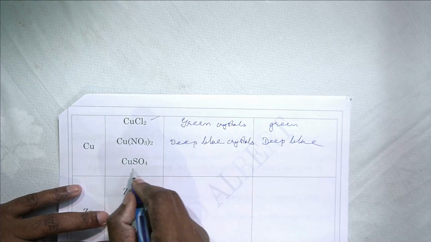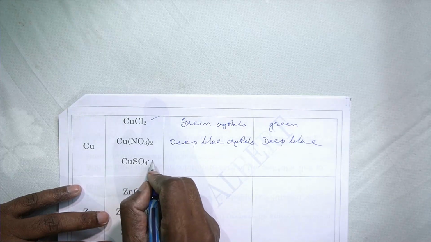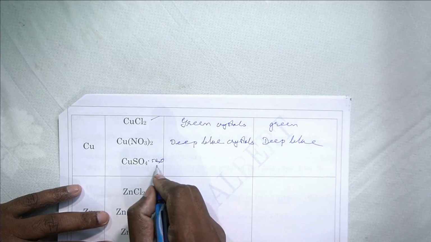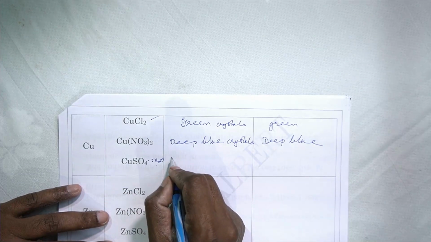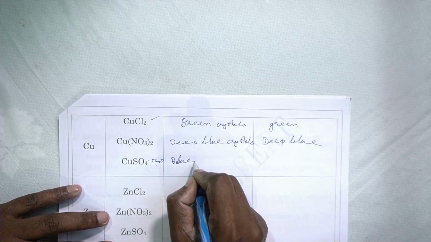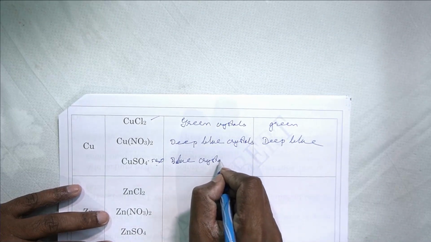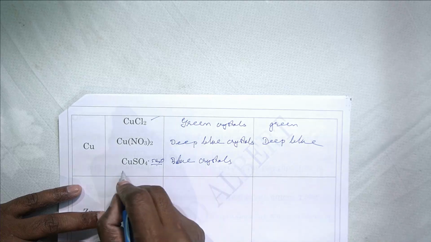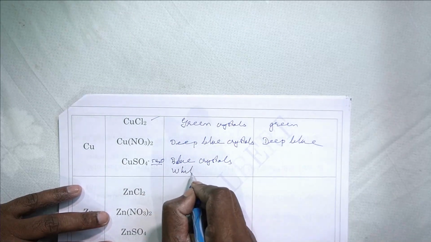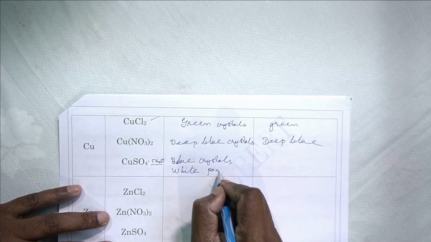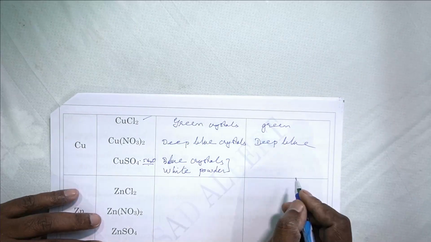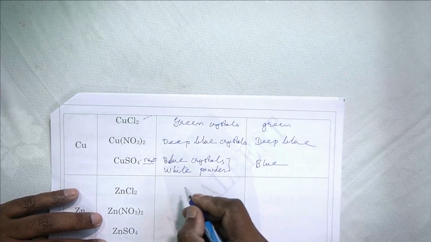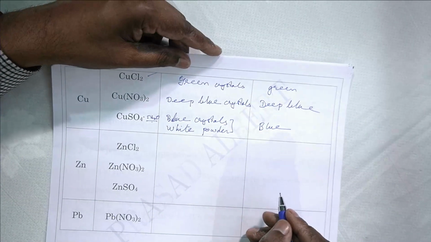CuSO4, copper sulfate: it can be hydrated, with 5H2O in it, and then it is blue crystals. In the anhydrous form, if H2O is not there, then it is a white powder. So there are two forms. The aqueous solution is blue. When dissolved in water, it turns blue.